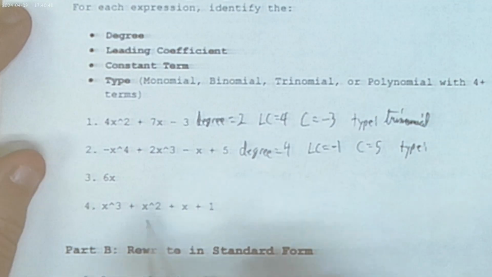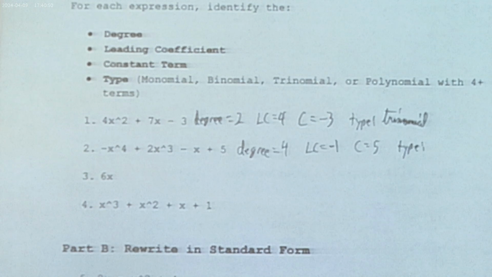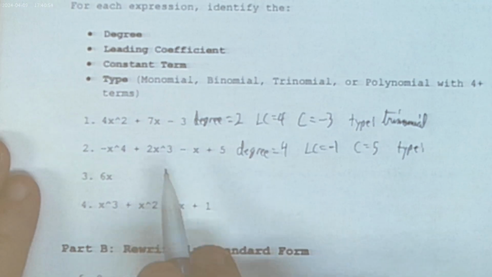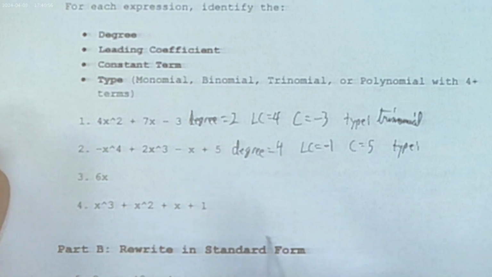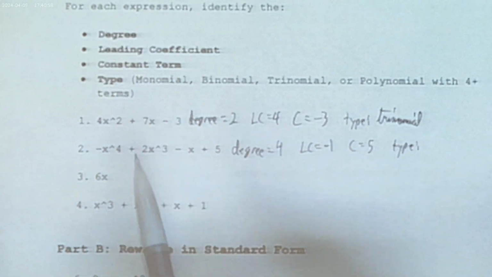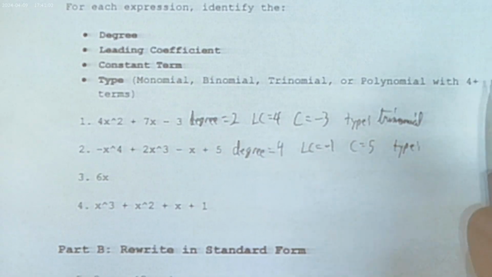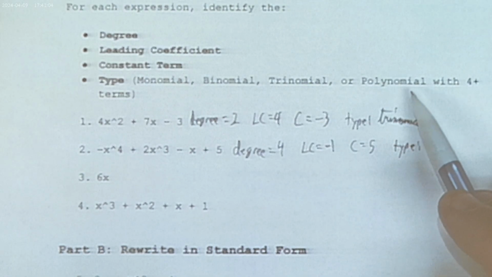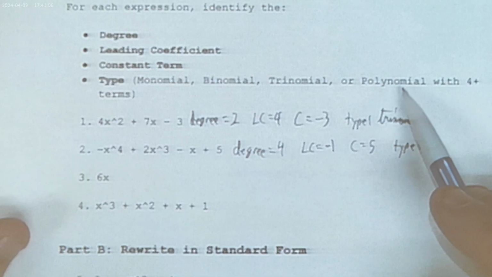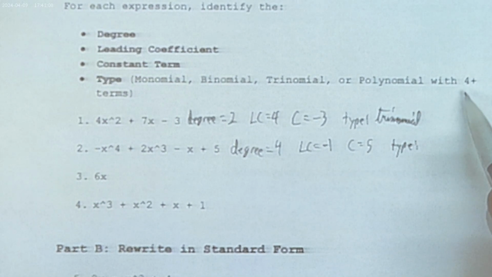And the type, again, depends on how many elements are in the polynomial, including the constant, but it's 1, 2, 3, 4. Trinomial means that you have 1, 2, 3 things. But if you have 4 or above, what you have is what's called a polynomial with, and then you list how many terms you have.